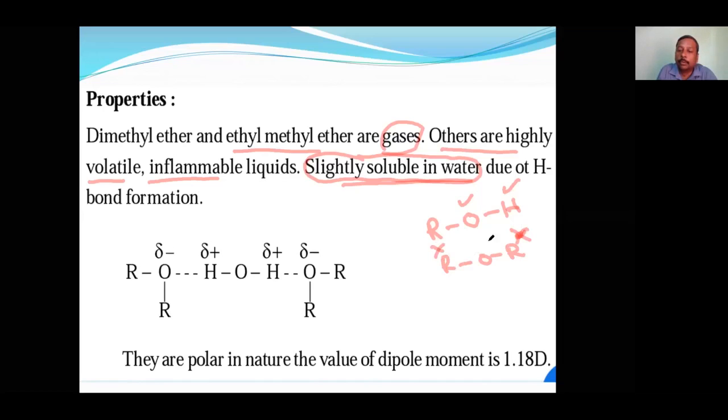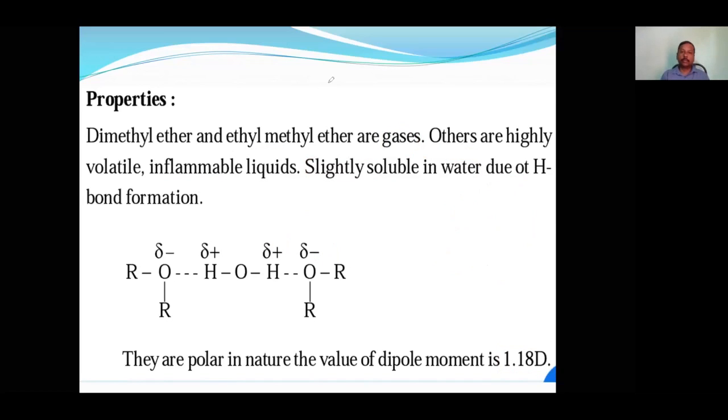In alcohol, double chances are there, in ether only a single chance. That's why slightly soluble. In that also, the ether oxygen forms hydrogen bonds with the water molecule, which is called intermolecular hydrogen bonding. For advanced or mains examinations, remember the dipole moment to two decimal places: 1.18 D.